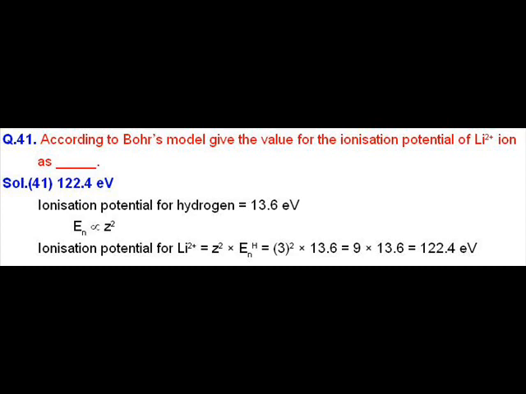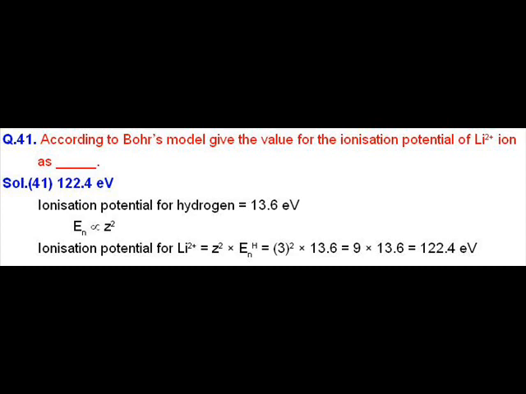Hello everyone, we are going to discuss question number 41 from MTP3. Here using Bohr's model, we have to give the ionization potential of Li2+ ion, that is similar to hydrogen atom.